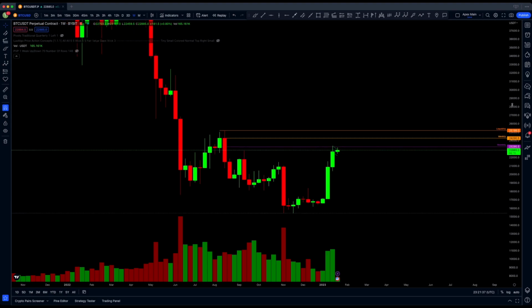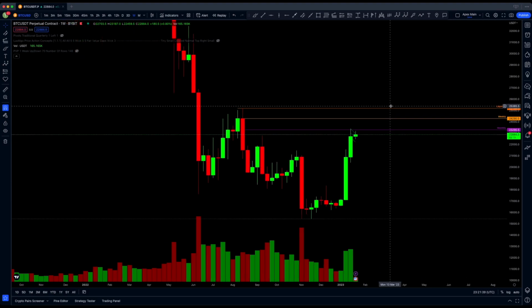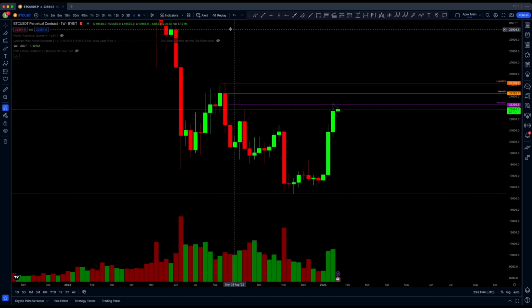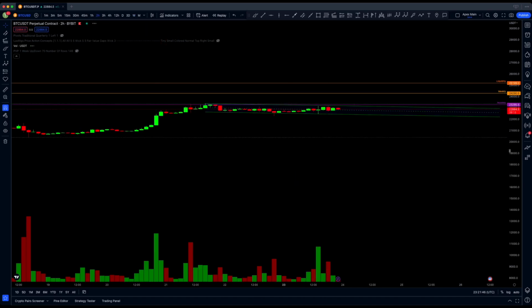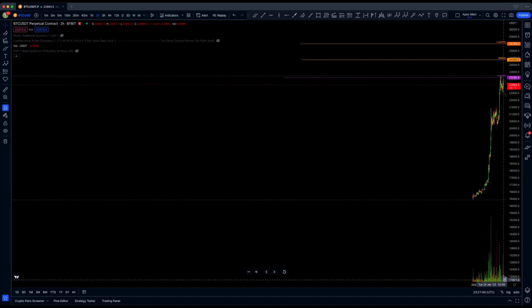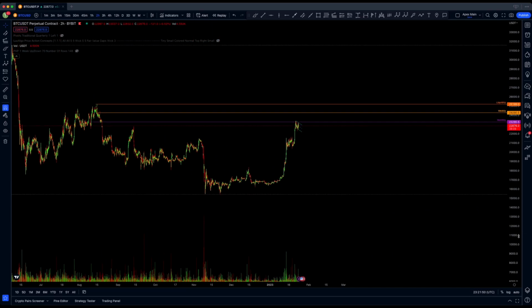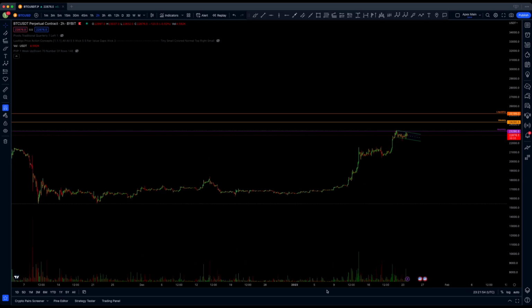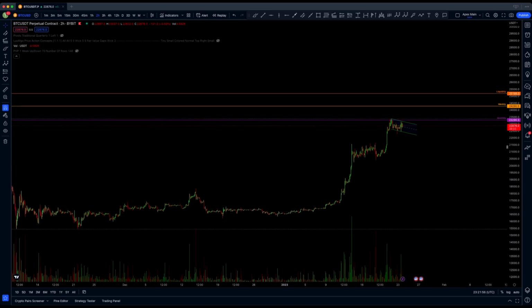Now, where would we target from a short position? Well, there are a couple of interesting areas that I want to focus in on. So I'll go back to the 2 hour. Okay, so there's a really well respected zone, which I think is difficult to ignore.